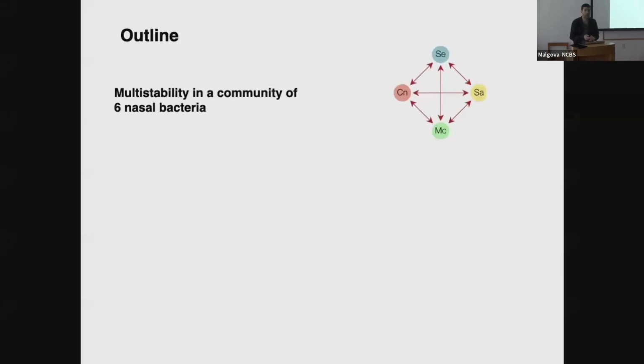Today is going to be a mostly practical class, so there will be a couple of exercises that you will play with a little bit later. But first I want to introduce the first exercise, which is related to some work that we did recently about the multi-stability in a community of 6 species that come from nasal isolates, from the nasal microbiota.